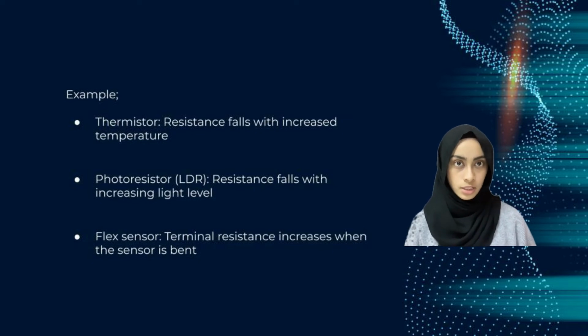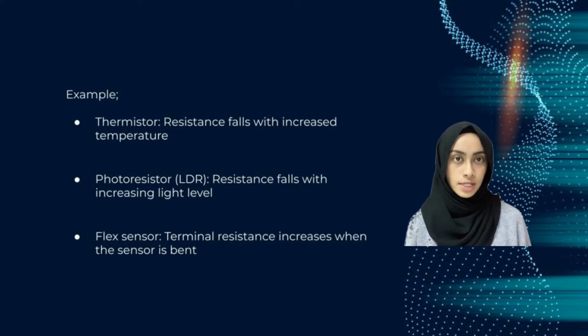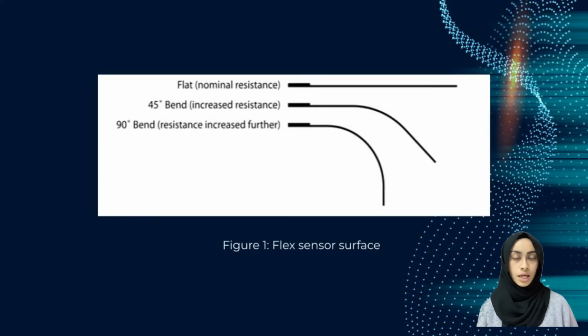For the photoresistor, which is also called an LDR, the resistance falls with increasing light level, which means the lower the resistance, the brighter the light will be. And for the flex sensor, the terminal resistance increases when the sensor is bent. The higher the degree of the surface bend, the higher the resistance. We can see in the example below.